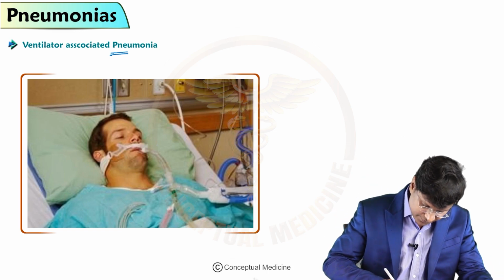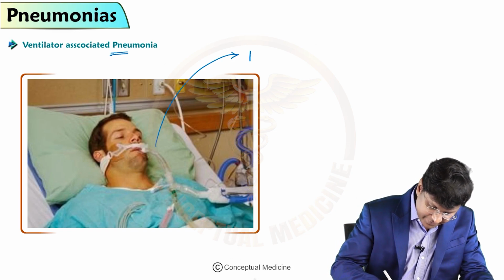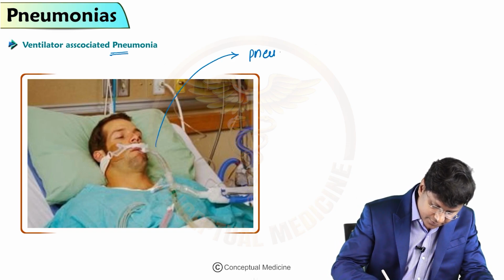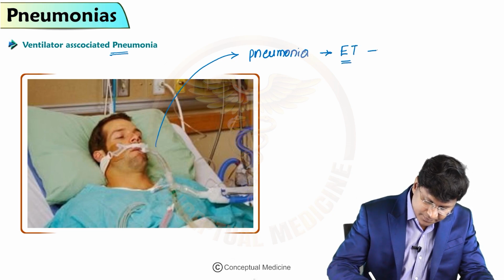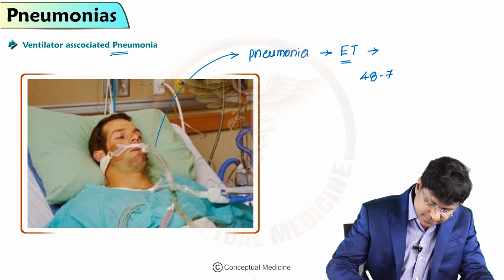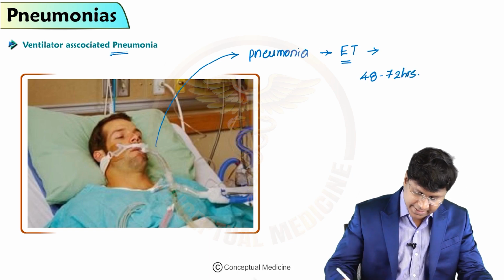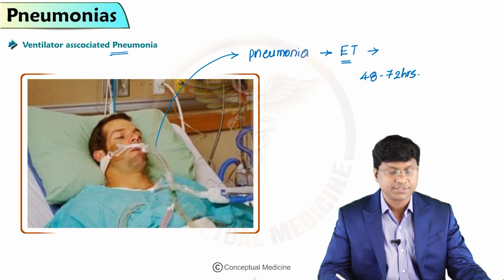So it is the development of pneumonia in an individual who is on an endotracheal tube for almost 48 to 72 hours.